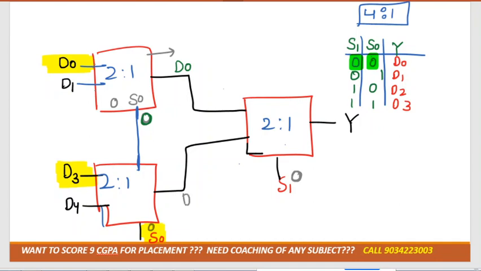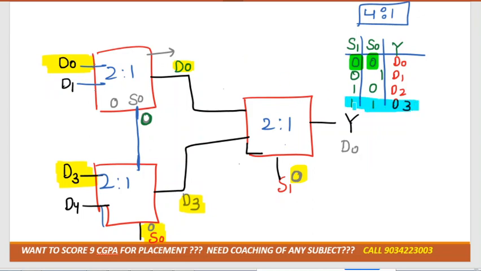So the output here is correct. Now again, if I select 0, would the output be the first term or the second term? Here the first term is D0 and the second term is D1. So the output would be D0. Correct or not? Tell me. Any doubt up to here?